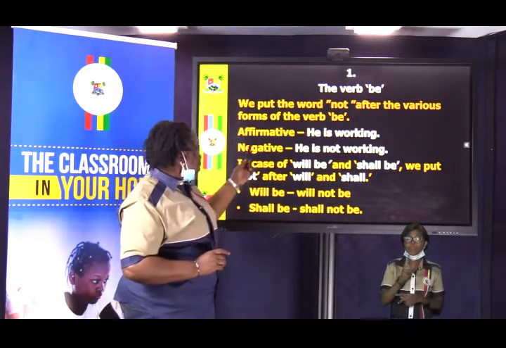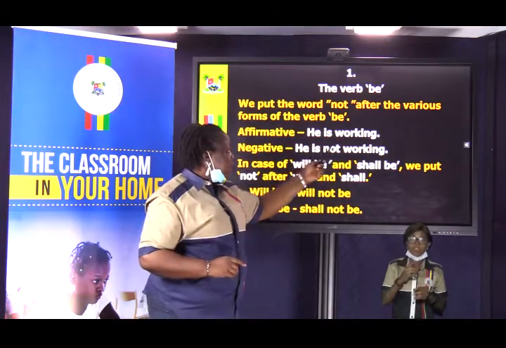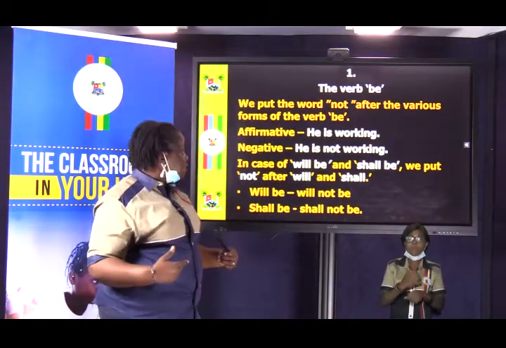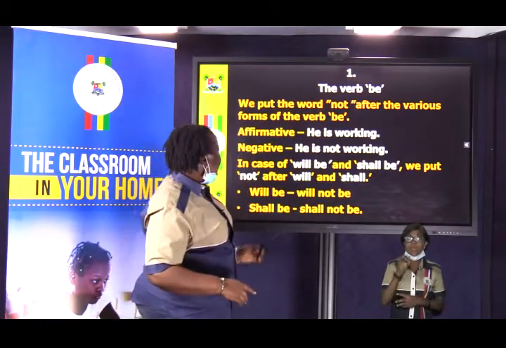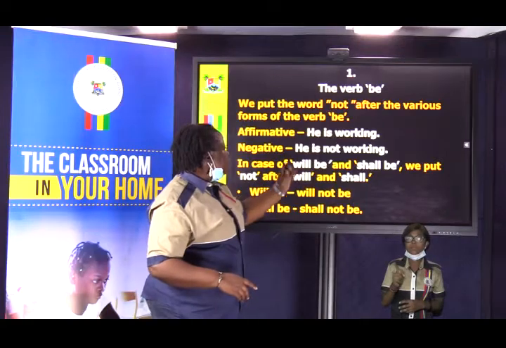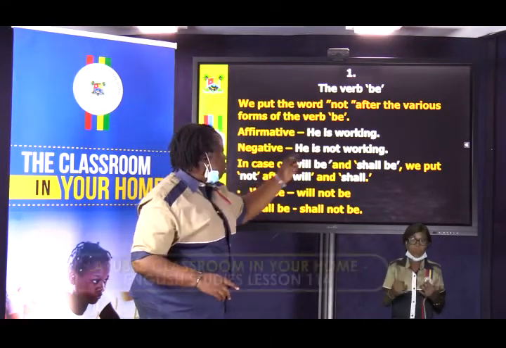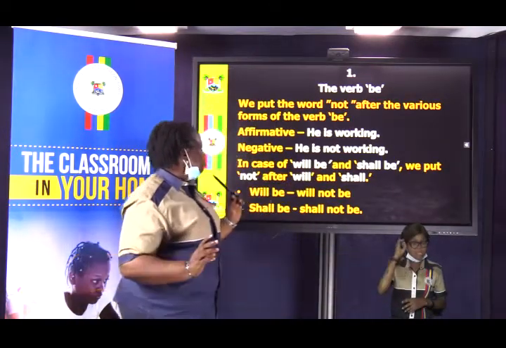Now, look at this affirmative sentence. He is walking. If you now want to make it a negative sentence, what you have to do is just to put not after the form of the verb. So you have he is walking, and the negative form will be he is not walking.